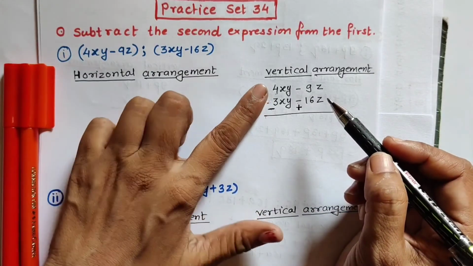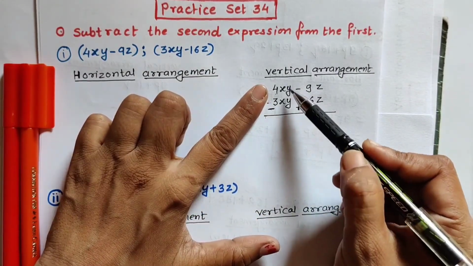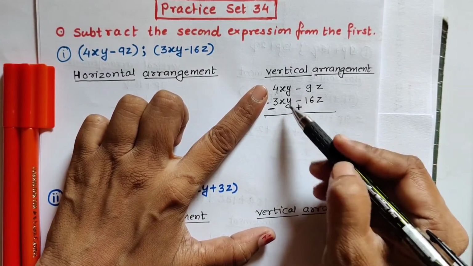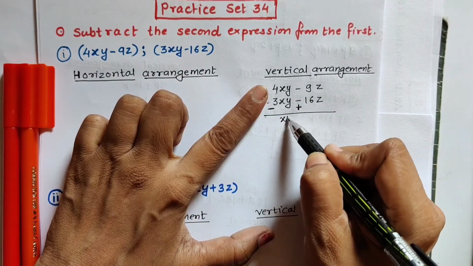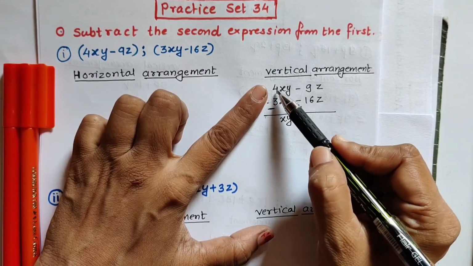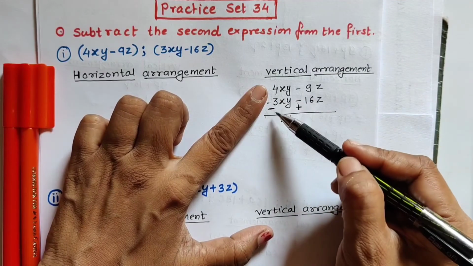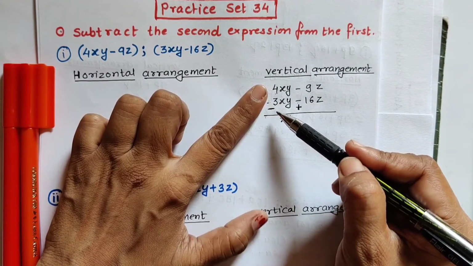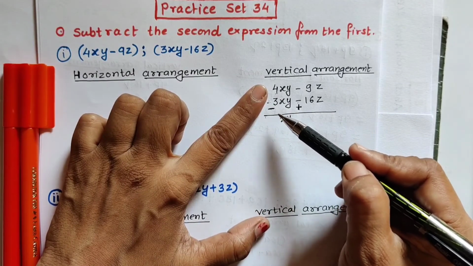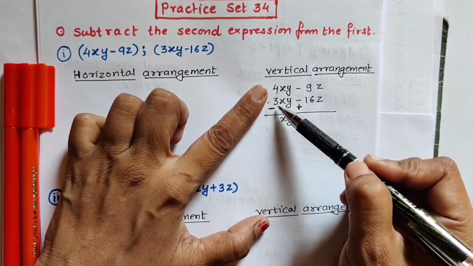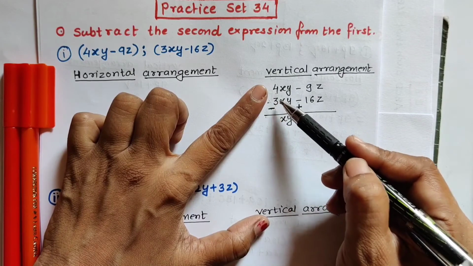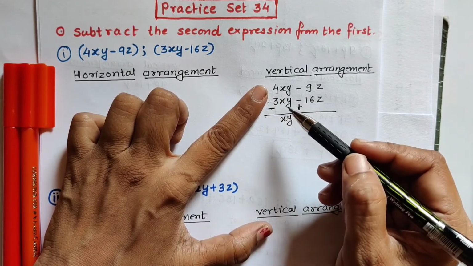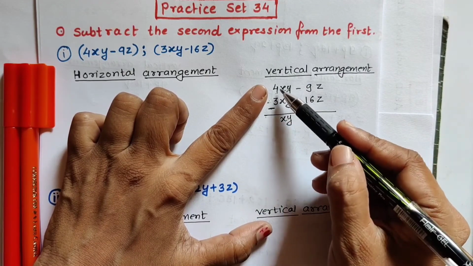Now we don't see this sign, we are going to do the calculation now. xy is the common variable, we write it as it is, you all know that, and 4 minus 3. Now we are going to see the changed sign which we have changed. We have to do the calculation according to these changed signs. So 4 minus 3, plus minus will be minus and the sign of the bigger number is 4.